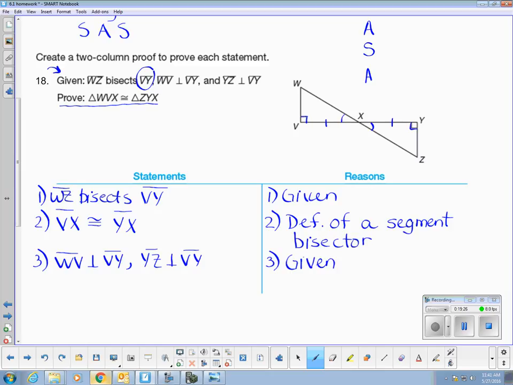Now here's a case where I don't always use the given in the first step or even the first two steps. Sometimes I use the given later on in the proof.